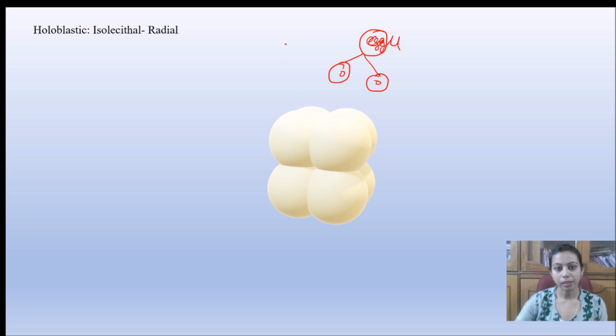But in case of cleavage, the cytoplasm is divided, but the concentration of cytoplasm decreases in each and every division. So it is just like your pizza pieces.